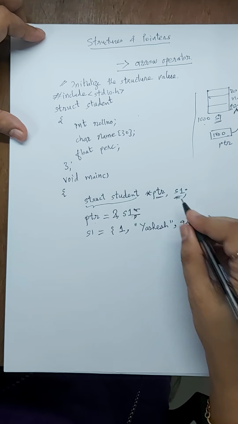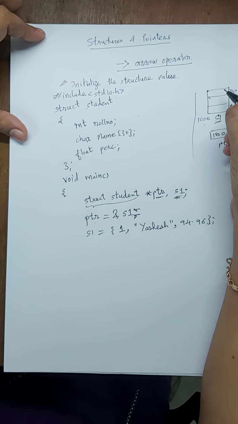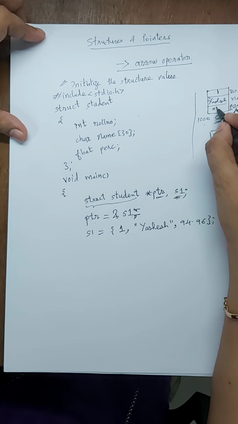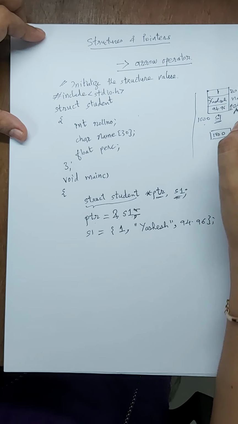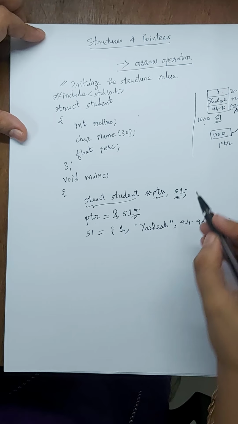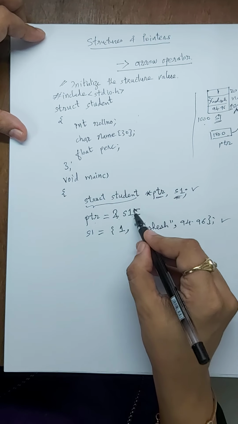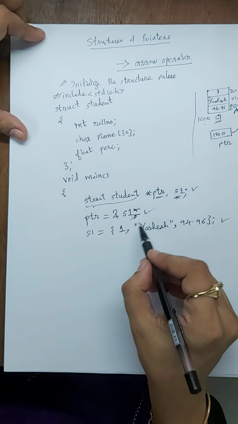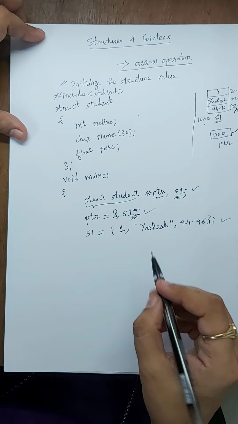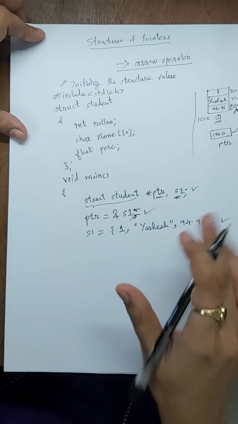So now the value is assigned: roll number 1, name Yashish, and percentage 94.96. This is the initialization done, and the declaration done. Here we have said that the address of S1 should be stored in the pointer. So this is done.